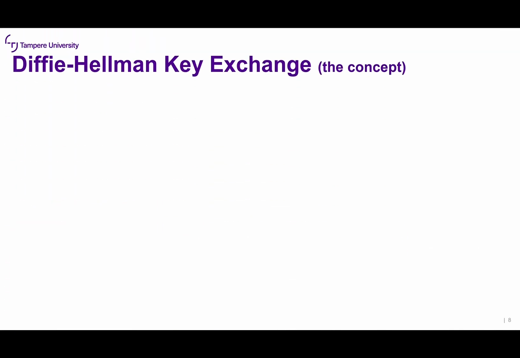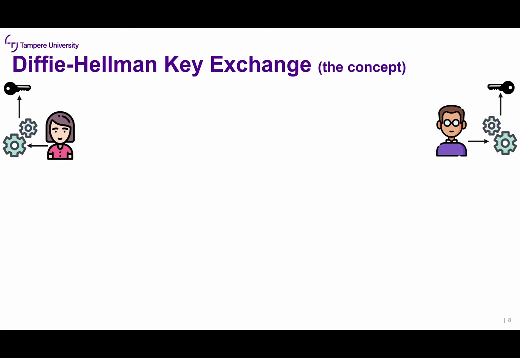Good, so let's move on and describe how Diffie-Hellman works, right? So first, let's see the concept at a high level. We have Alice and Bob, and what they want to do is basically to find a way where Alice will generate a secret key locally, almost on her own, okay?